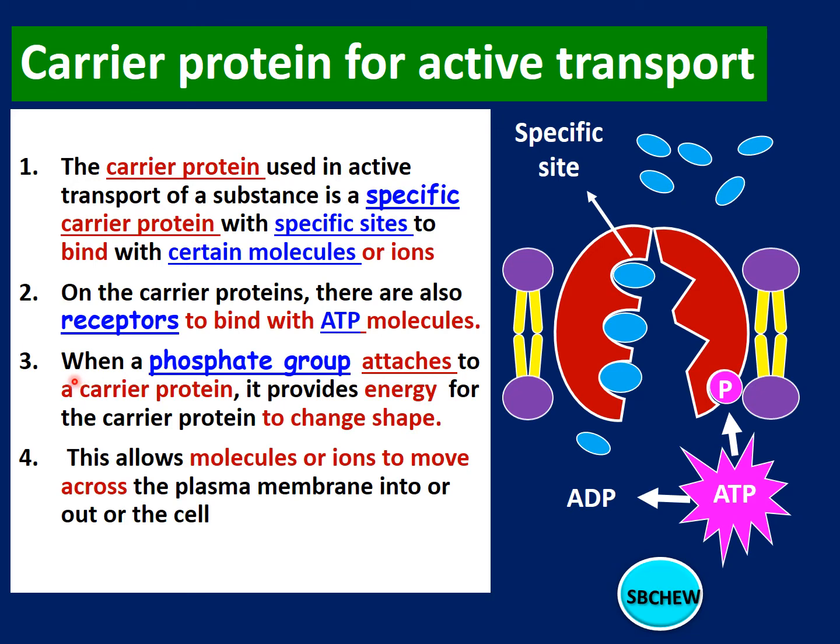Next, when a phosphate group attaches to a carrier protein, it will provide energy for the carrier protein to change shape. So here we see ATP already broken down or split into ADP and phosphate.